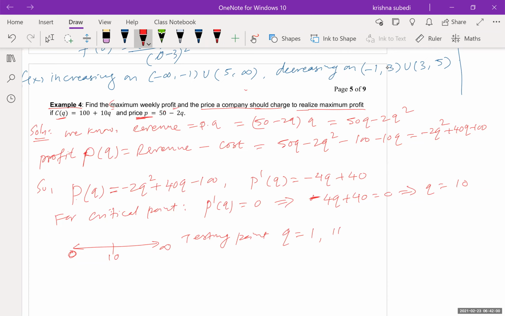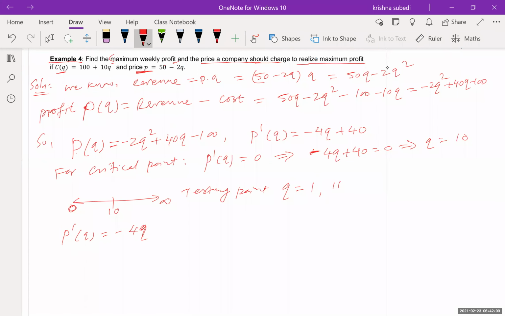Okay, so then P prime of q, let me just copy that derivative function, which is negative 4q plus 40. So P prime of 1 is going to be negative 4 times 1 plus 40, which is definitely positive. And then P prime of 11, which means negative 4 times 11 plus 40, which is definitely negative.